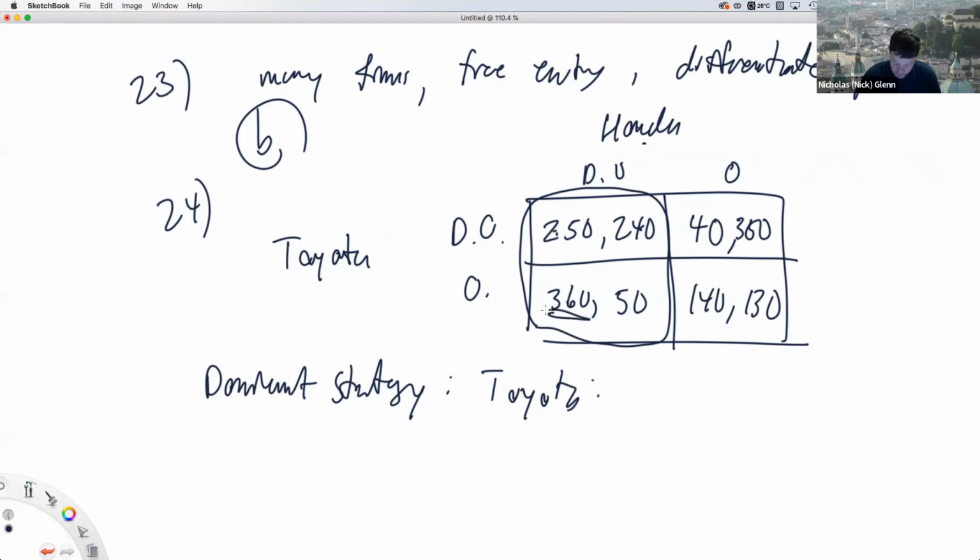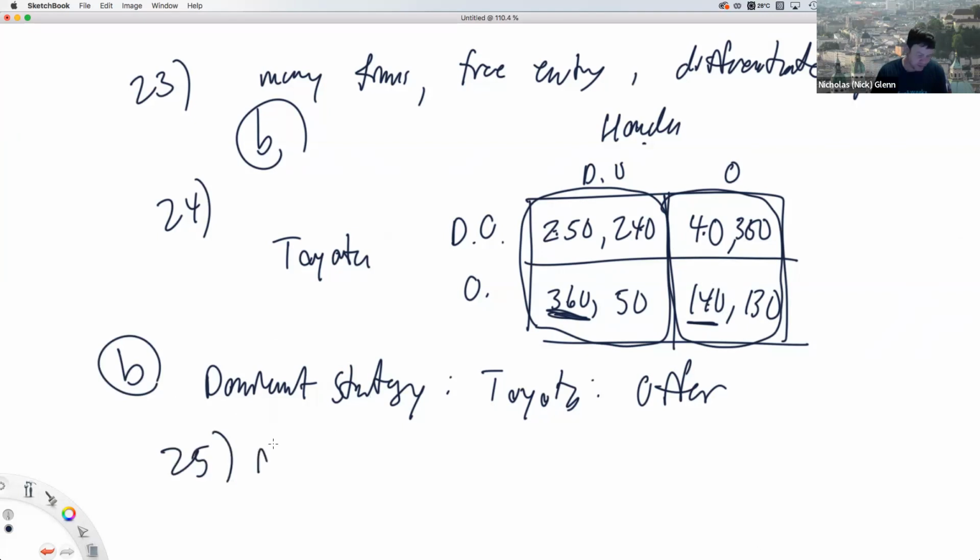Well, they're better off offering here. Okay, 360 is more than 250. What if Honda offers? What's their best move? Well, they have a choice between 40 and 140 here. Well, they're going to choose the 140. So they're always going to choose to offer here. That's their dominant strategy. And so that's going to be 24 will be B.